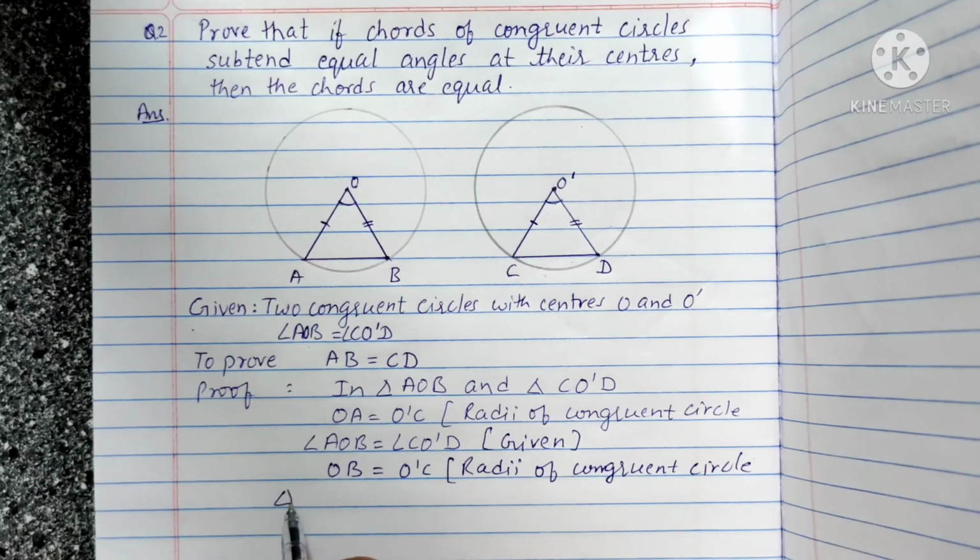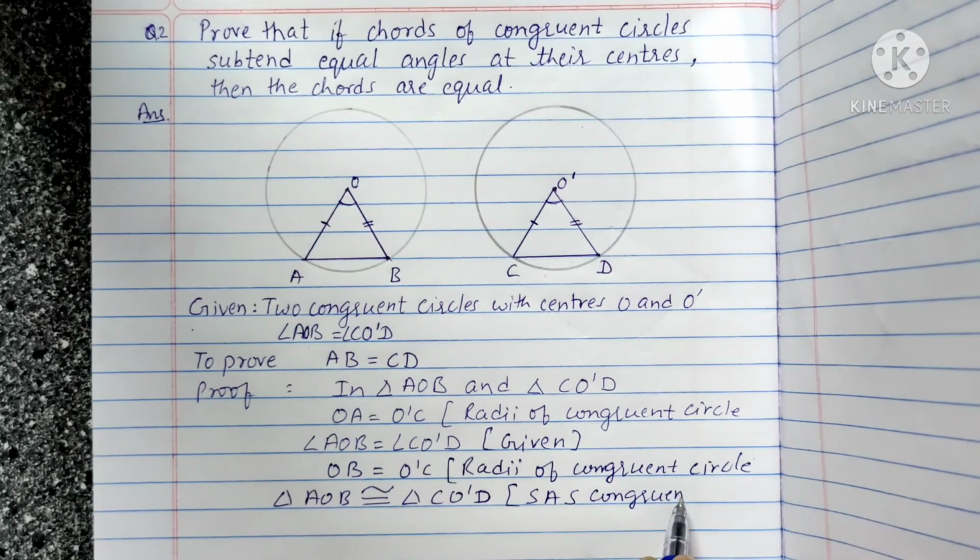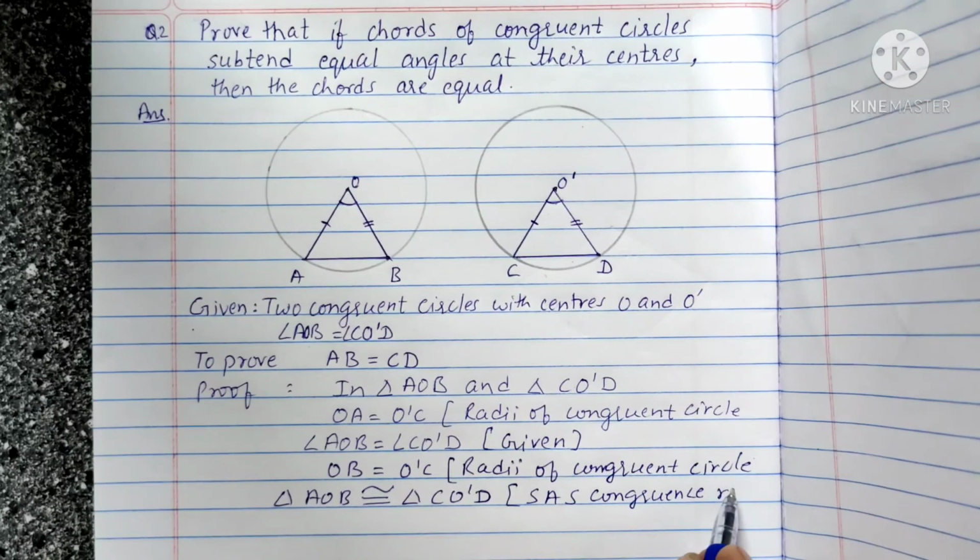So therefore triangle AOB is congruent to triangle CO'D, and this is due to the rule side angle side, SAS congruence rule.